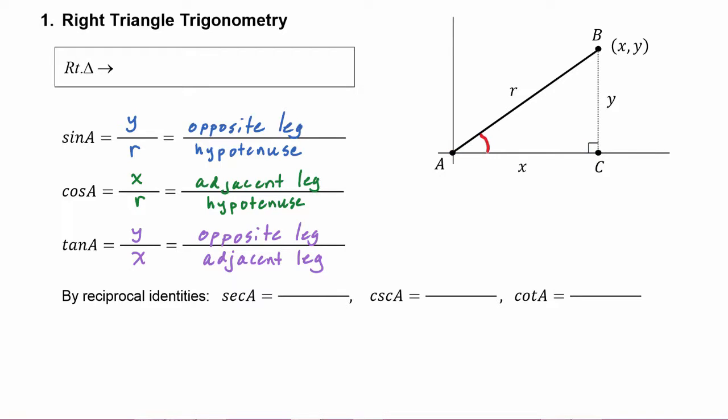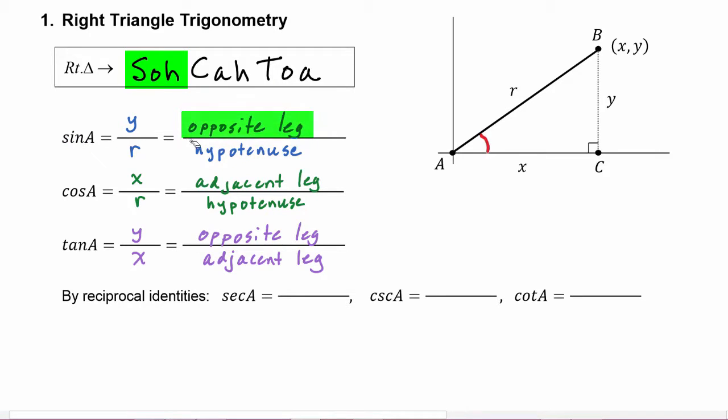So in right triangle trigonometry, there's an acronym that we can use, and we say anytime you have a right triangle, like we do in this picture over here, then you can use SohCahToa. And that acronym stands for, the S is for sine, the O is for opposite leg, and the H is for hypotenuse.